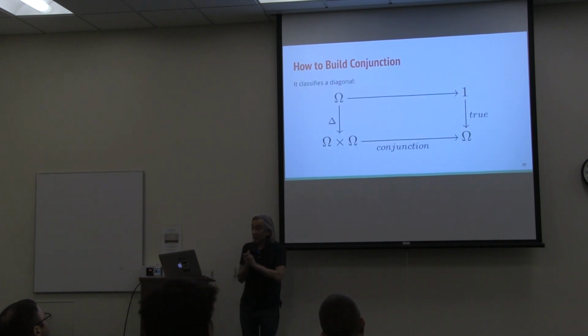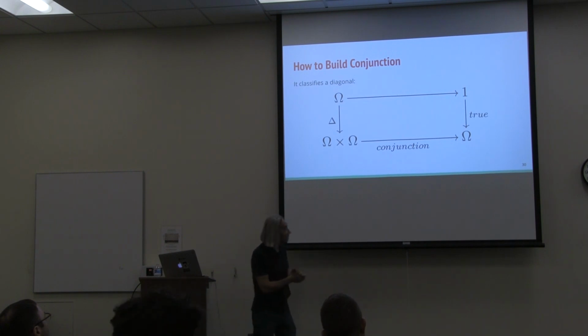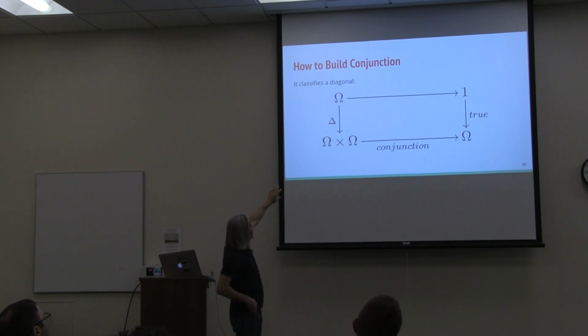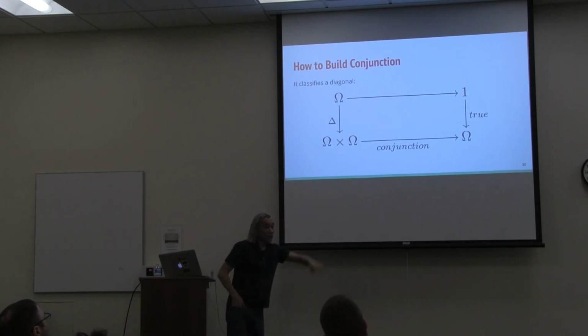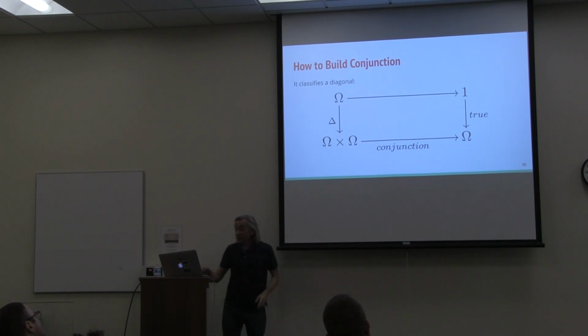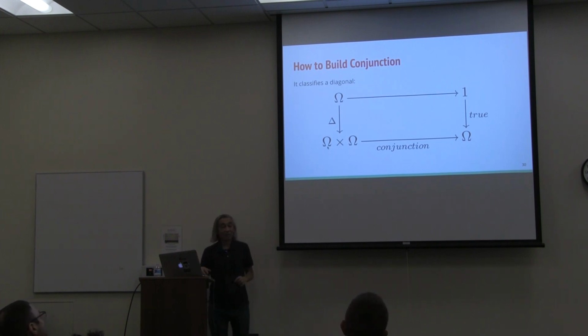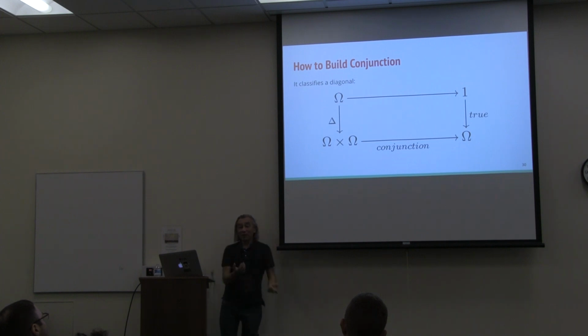Here's how conjunction is defined. Given a diagonal, a mapping into omega cross omega, produce a conjunction. Basically the result is how much the first one is equal to the second. If we talk about the intersection of two diagrams, two sets, we are talking about what's in common between them, so how close they are.